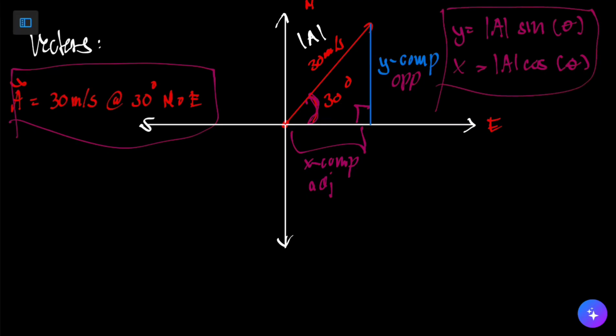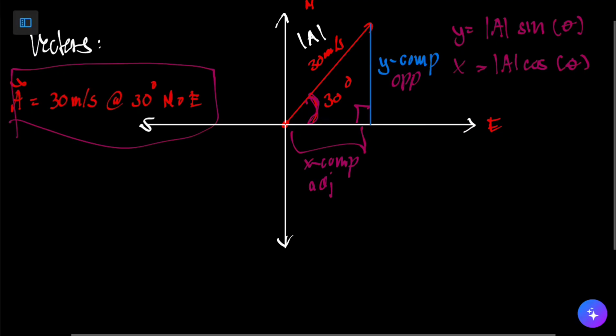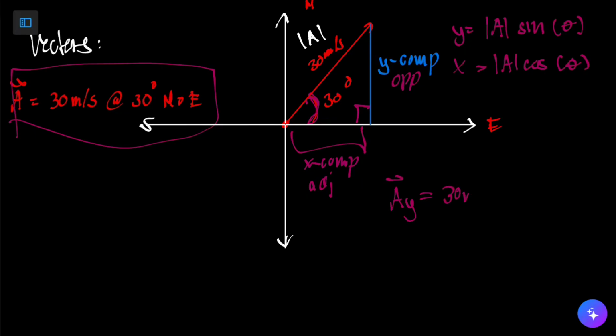Okay? So let's say you're finding for the y component of your vector, that's just 30 meters per second sine of our angle, 30 degrees. And similar for the x-axis, just 30 meters per second cosine 30.